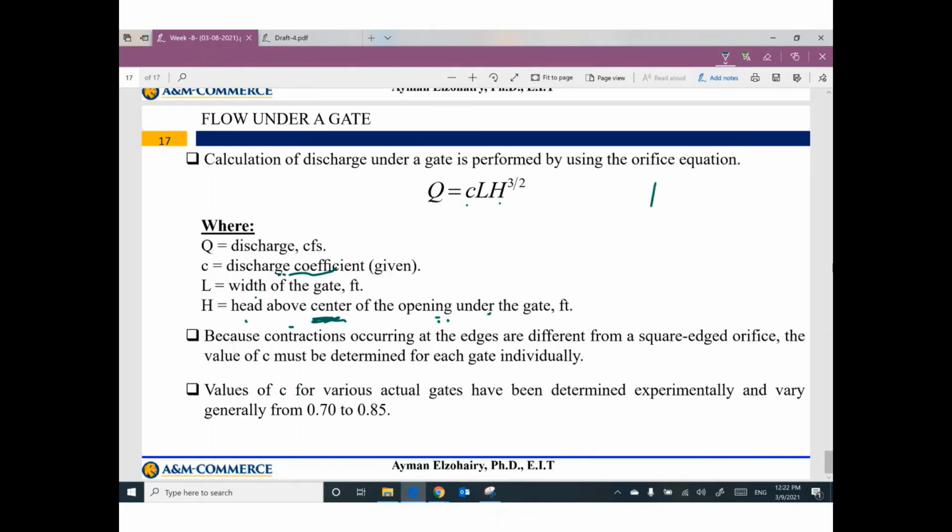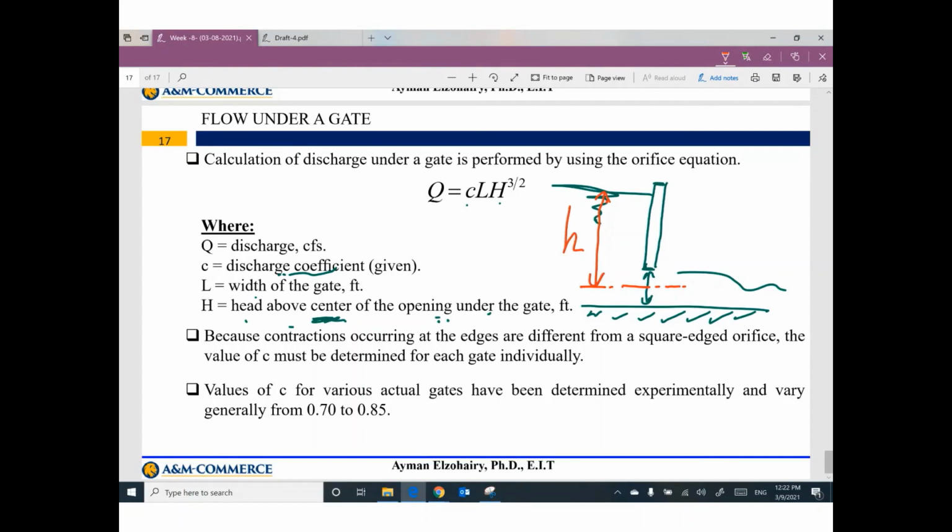So if you have a gate like this and you open it for this distance, and here is the water level, whatever the water level here, H is measured between the center line of this opening to the water surface in the upstream.